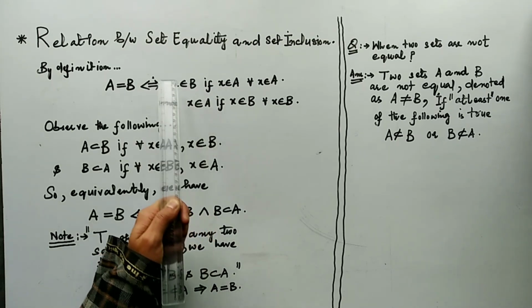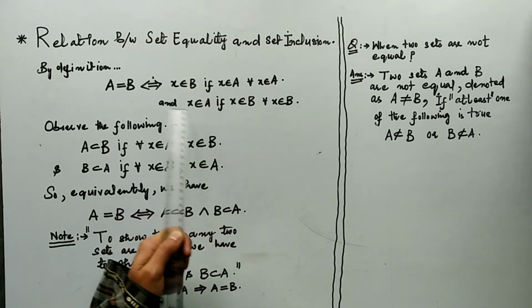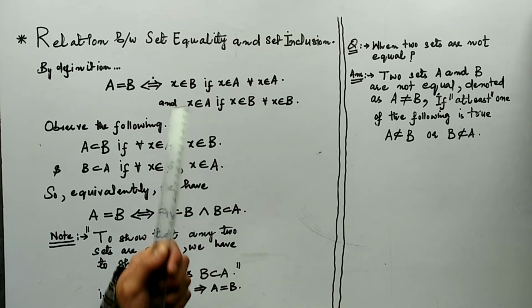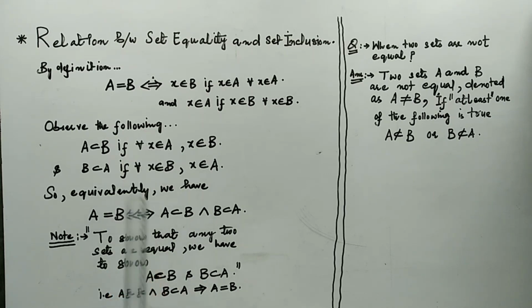So I can rephrase this definition in a different terminology, in terms of subset notation, and here it is. We can equivalently write this definition of equality of two sets this way: A, which is a set, is equal to the set B if and only if A is the subset of B and B is subset of A. You should note here, this is a symbolic way to represent it.